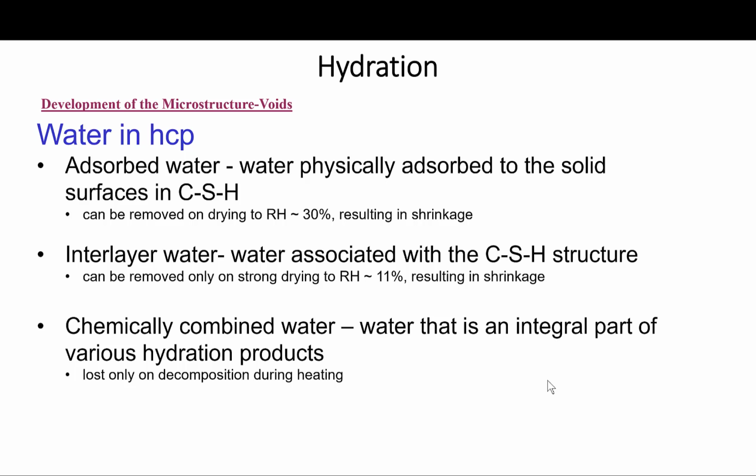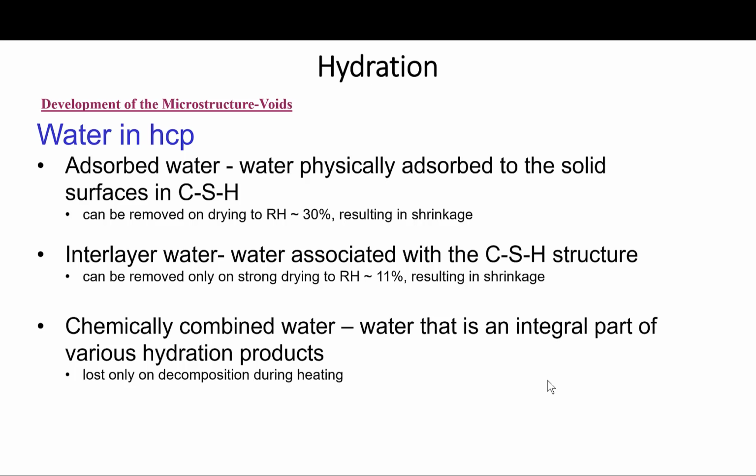The adsorbed water, which is the water physically adsorbed to the solid surface in the calcium silicate hydrate, can be removed on drying to a relative humidity of around 30%, which results in shrinkage. The interlayer water, the water associated with the calcium silicate hydrate structure, can be removed only on strong drying, right down to almost 11% relative humidity, which will result in shrinkage.